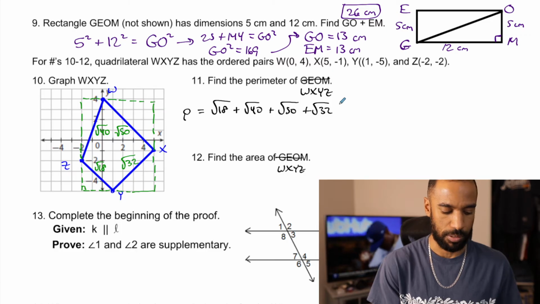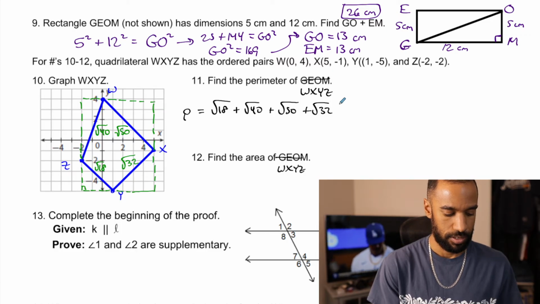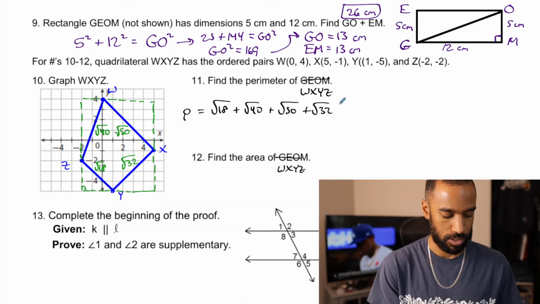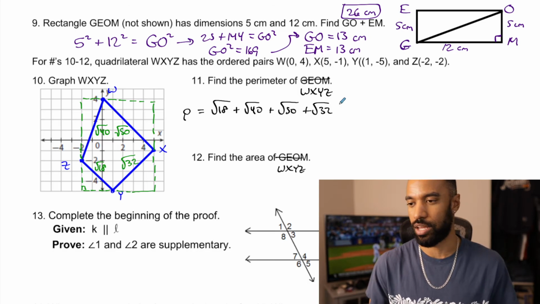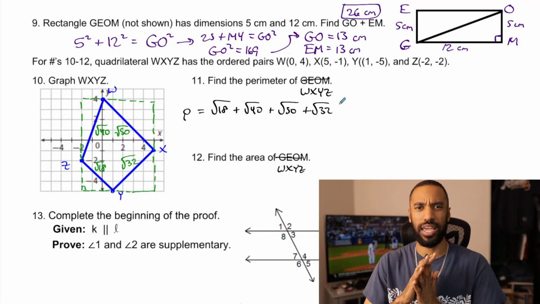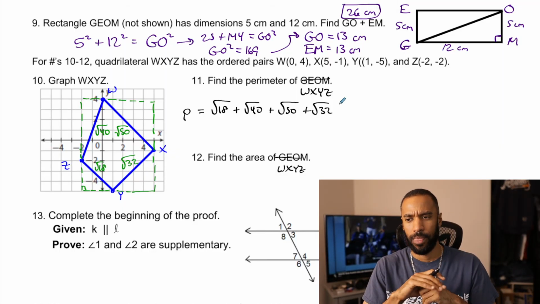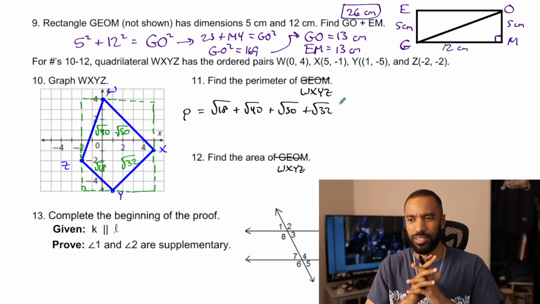Again, I wonder if those can simplify to something. Oops, hold on a second. Square root of 18, plus square root of 50, plus square root of 32. Okay, let's see. I didn't press enter yet. Square root of 18 is a little more than 4. Square root of 40 is a little more than 6. Square root of 50 is a little more than 7. Square root of 32 is a little more than 5.